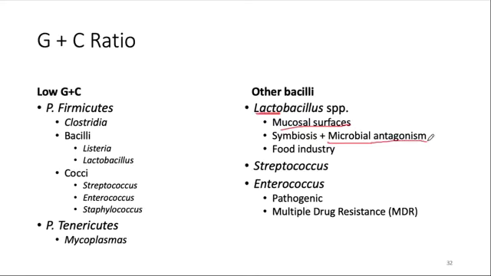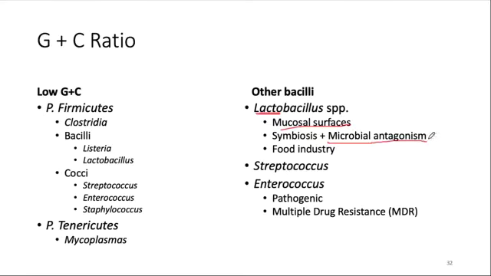So they are very poor users of glucose because lactic acid fermentation doesn't produce a lot of ATP. However, because they produce lactic acid, the lactic acid inhibits the growth of other bacteria, and so they thrive in spite of their low efficiency at using glucose.